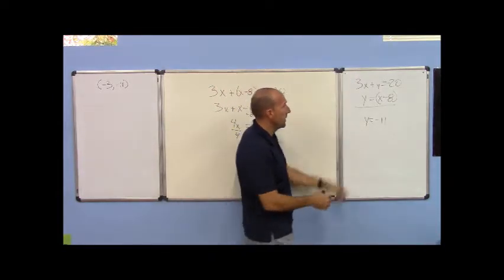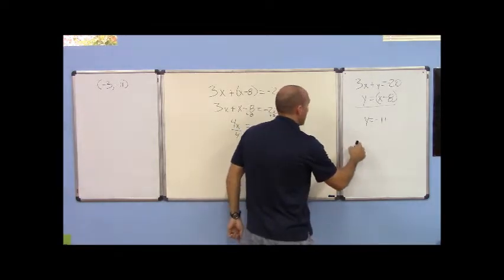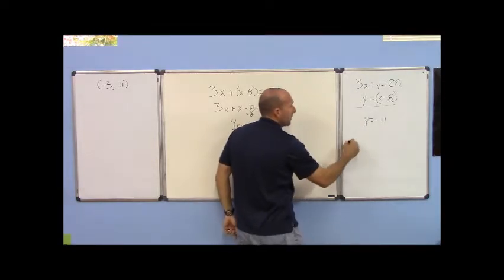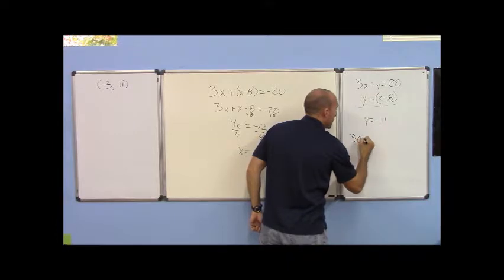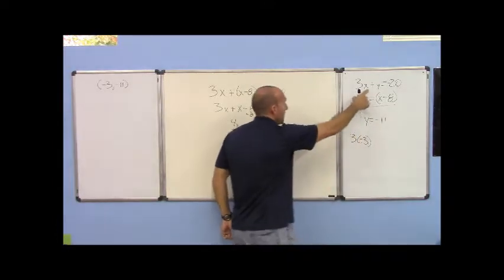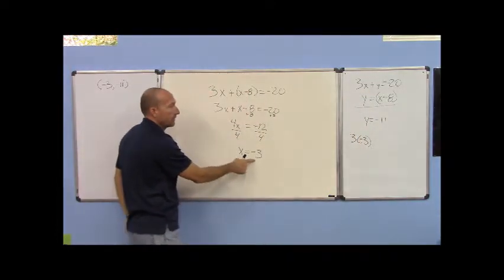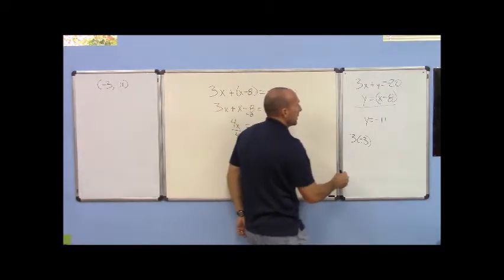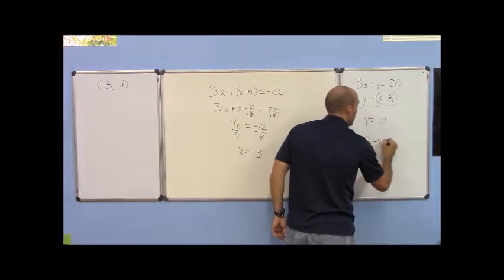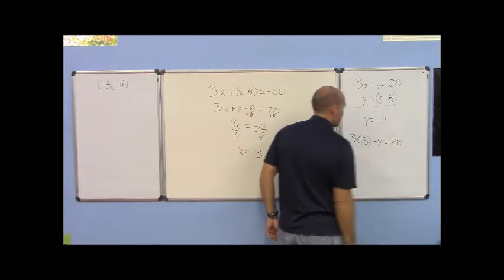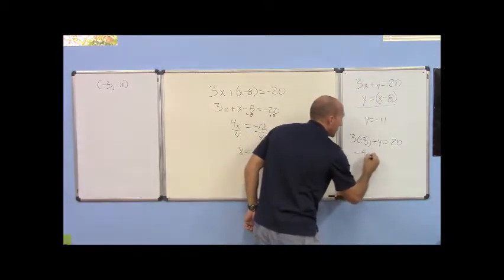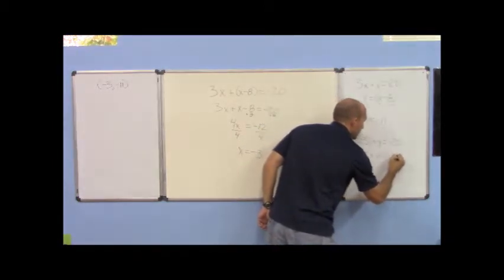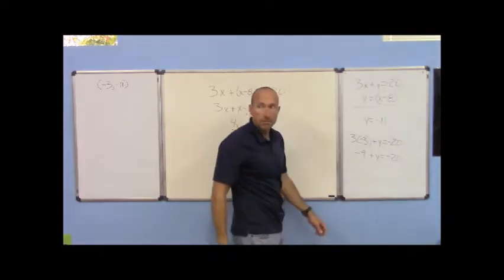So let's go ahead and do that. We'll move over here. 3 times negative 3, we're substituting x for negative 3, plus y equals negative 20. So negative 9 plus y equals negative 20. All right?